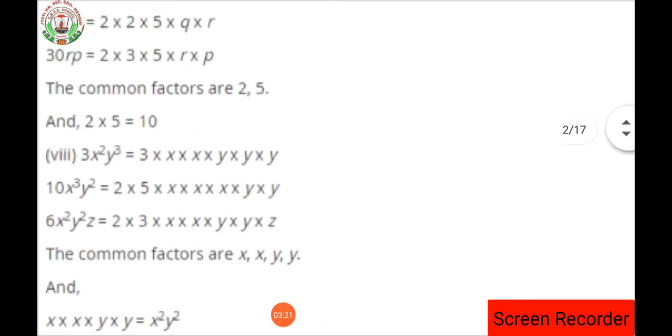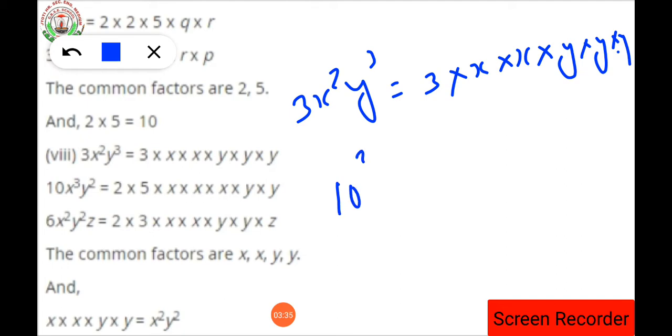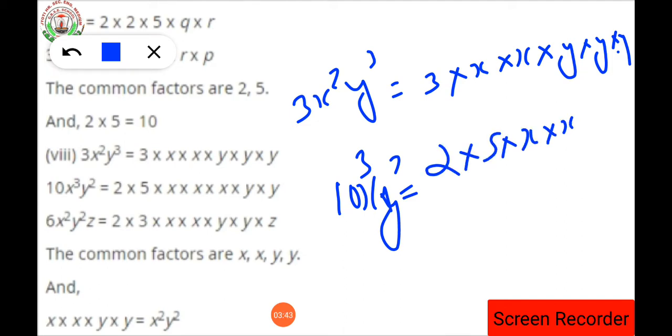Here, one more with three terms, I will explain to you. Suppose we are having 3x squared y cubed. So 3 into x into x into y into y into y. Then 10x cubed y squared: 10 will be written as 2 into 5 into x into x into x into y into y.